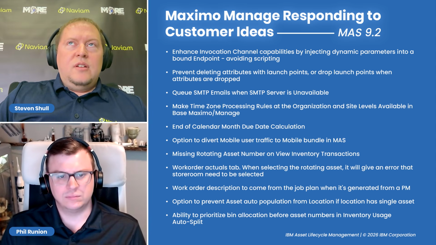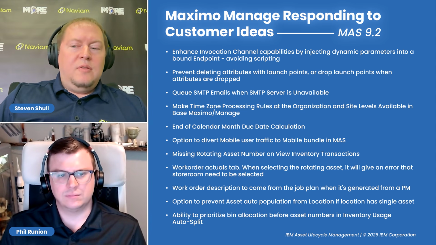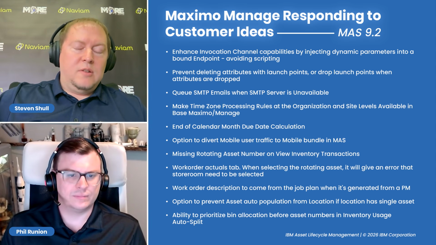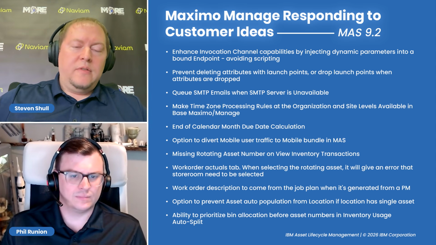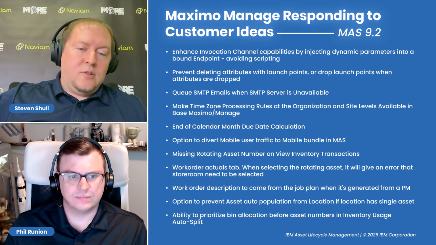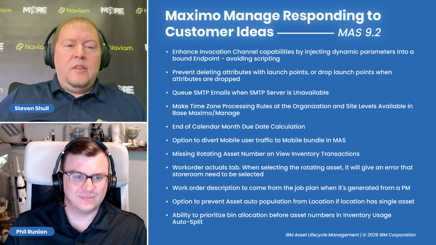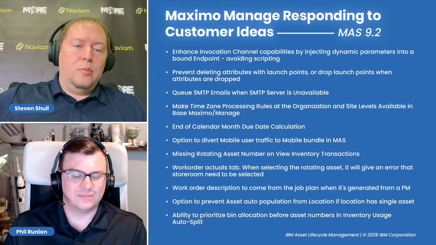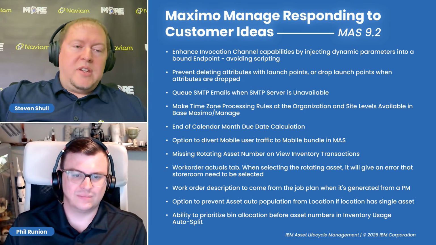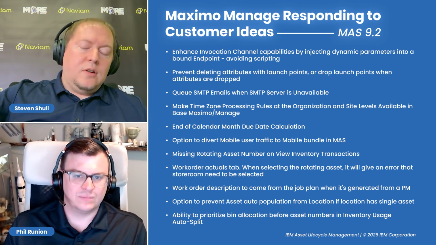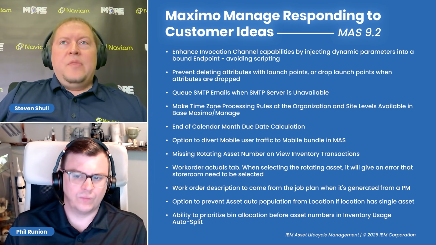There are some other features that they made around, like if you have a PM that generates and you want it to run at the end of the month, right? Obviously all the months have a different number of days. February is 28 or 29. There's always been a system property that you could turn on, and it will try to change globally all the PMs to align to that last day of the month, whether it be the 30th, 31st, or the 28th, or whatever.